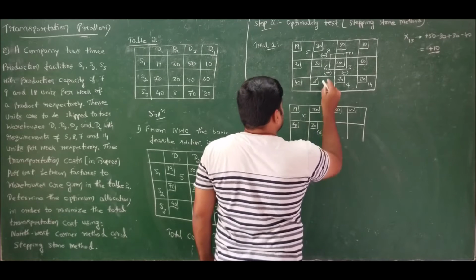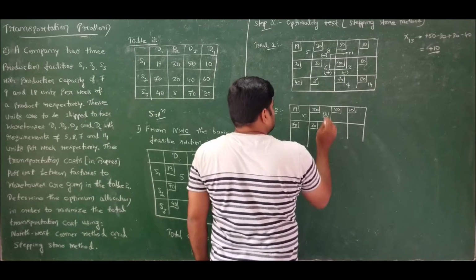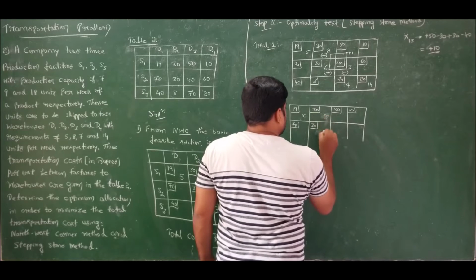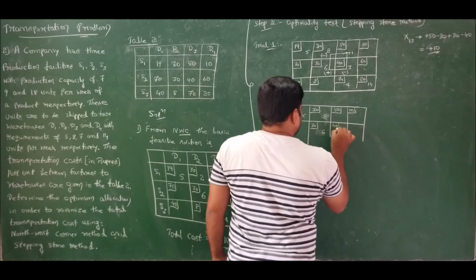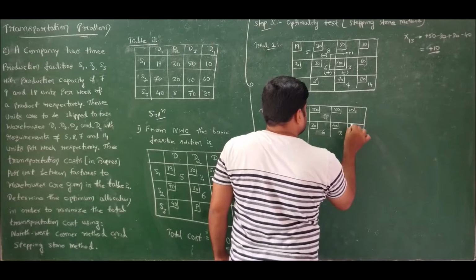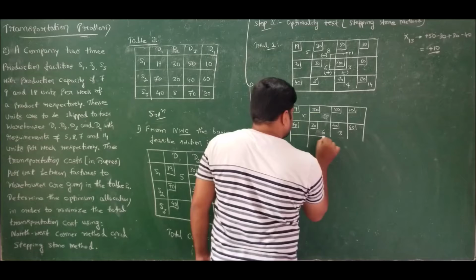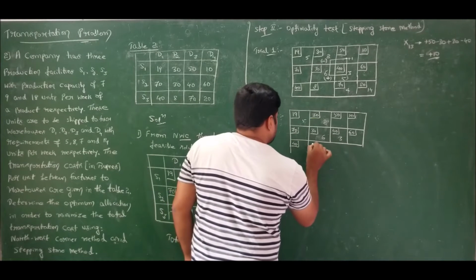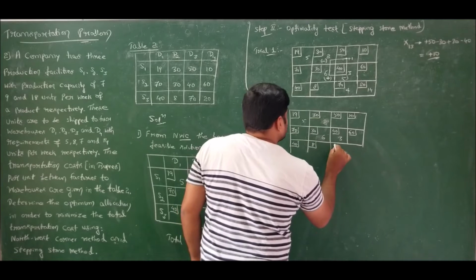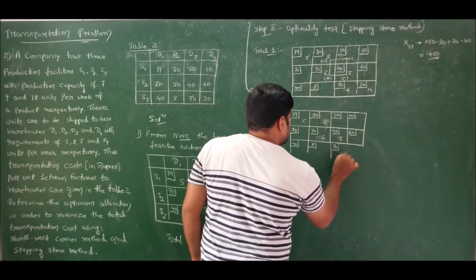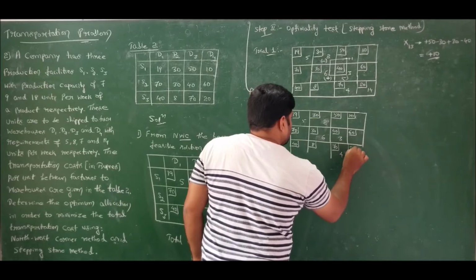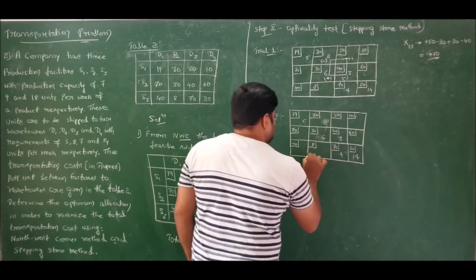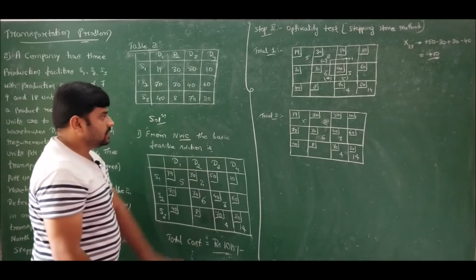Let me write the signs in brackets to avoid confusion, so no need to worry. 2, 6, 40 is the unit cost, allocation is 3 units, 60 is the unit cost. Next we have 40 is the unit cost, here we have 8, then 70, we have allocation as 4, then we have 20, allocation as 14. So I have written only the cost matrix with allocation, right?